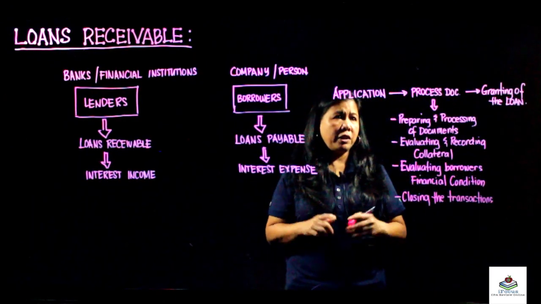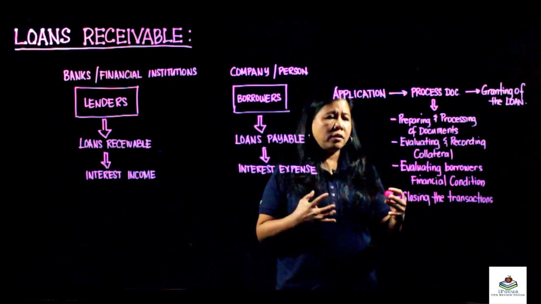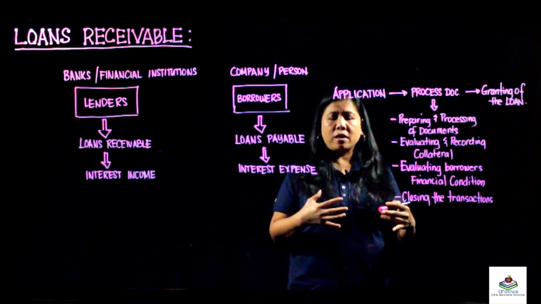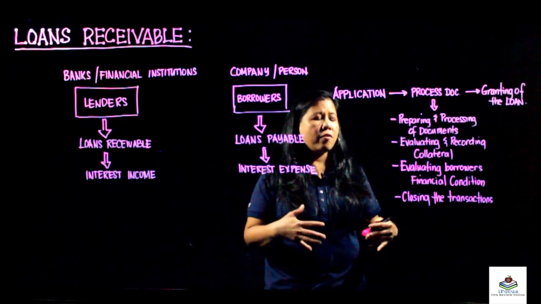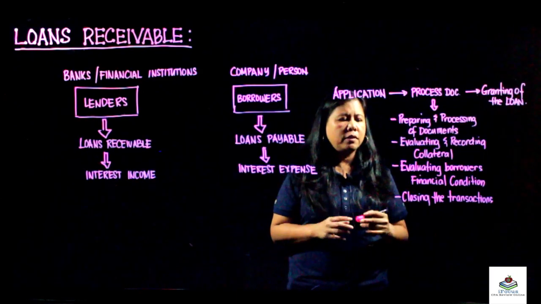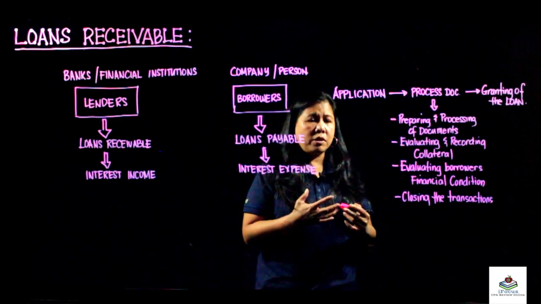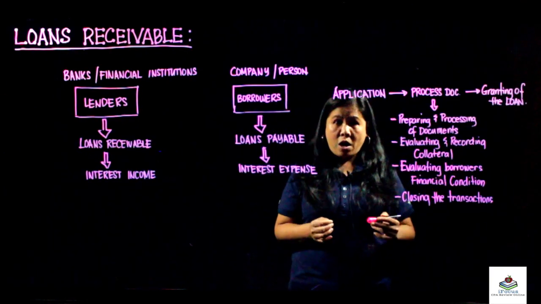These are some of the steps in originating this loan: preparing and processing of documents, evaluating and recording the collaterals, evaluating the borrower's financial condition, that's very important, and closing the transaction. Then after the processing of the documents, the granting of the loan.